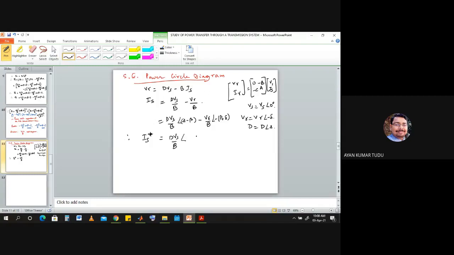So this would be beta minus delta minus VR by B angle beta plus delta. So what will we be finding out? We'll be finding out SS, the sending end power. It would be Vs into Is conjugate. So we'll be finding out PS plus jQS. That would be dVs square by B angle beta minus delta minus Vs VR by B angle beta plus delta.